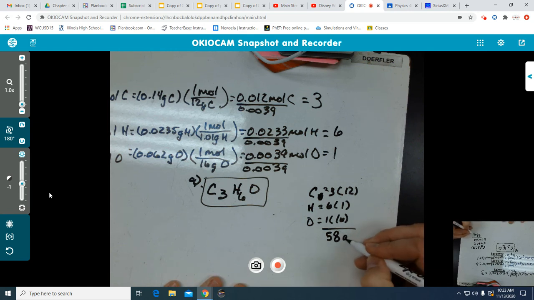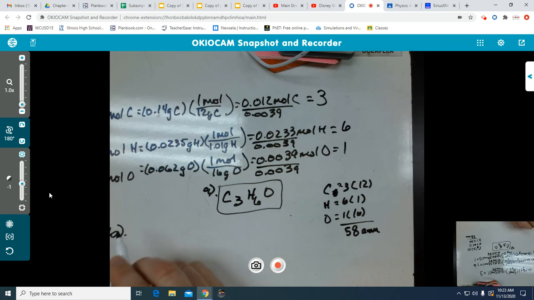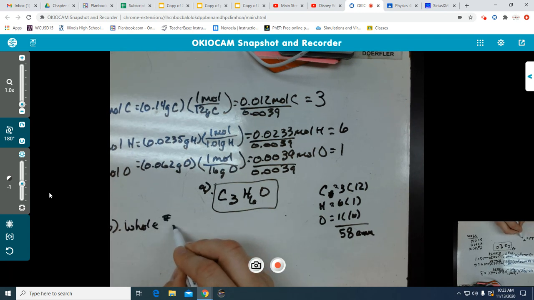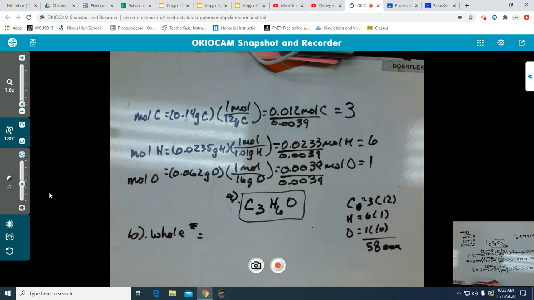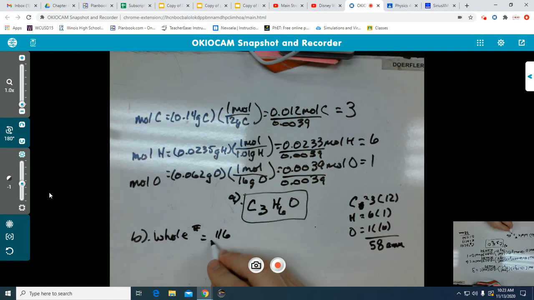Okay, you can write AMU if you want to. So we have to figure out a whole number multiple. Again, that is going to be the actual molar mass of the compound divided by the empirical weight. So 116 divided by 58, we get a whole number multiple of 2.